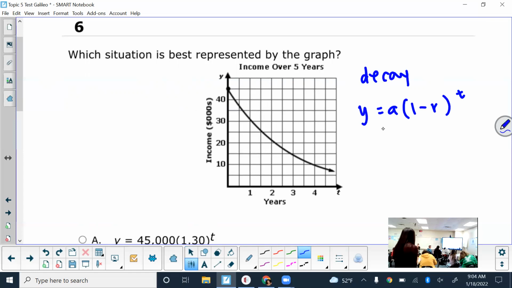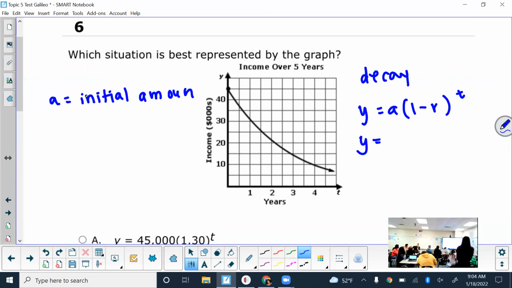So remember what these letters stand for. Y just kind of means output, so just keep Y the same. What does A stand for? The initial amount, so what you're starting with.